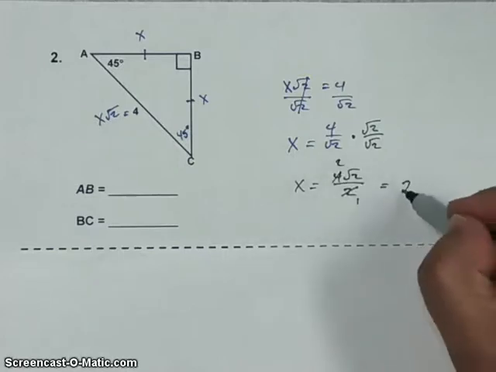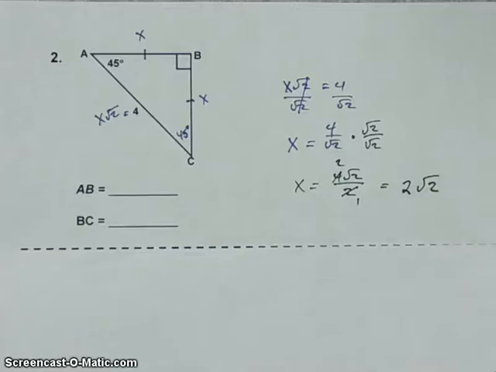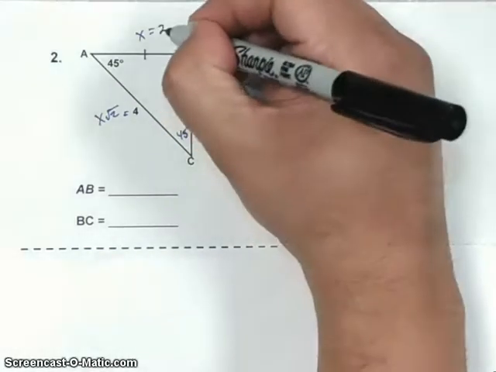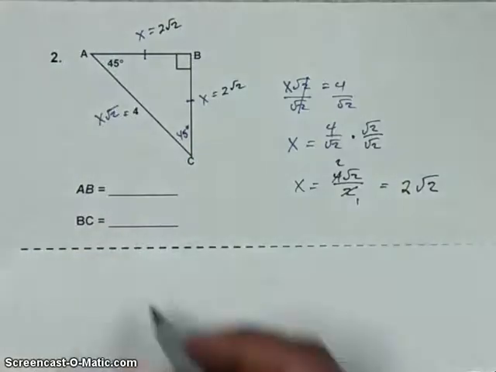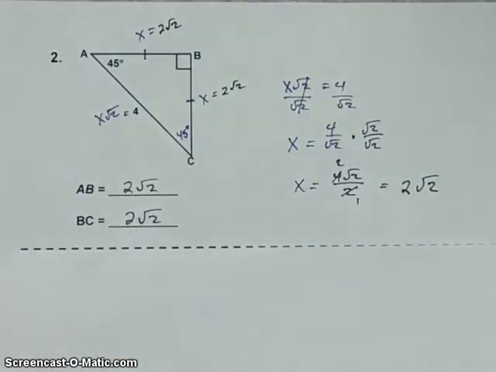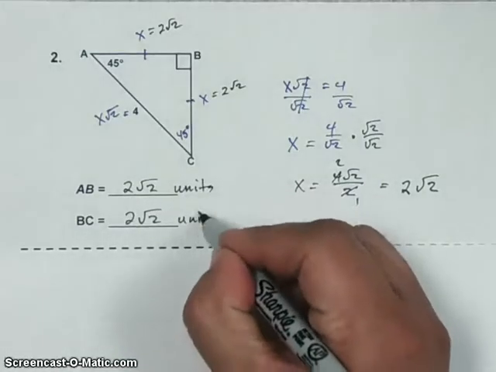And I'm left with 2 square root of 2 for x. So this is equal to 2 square root of 2, and this is equal to 2 square root of 2. Okay, so those are my answers. AB has a length of 2 square root of 2. Go ahead and put some units on here for both.